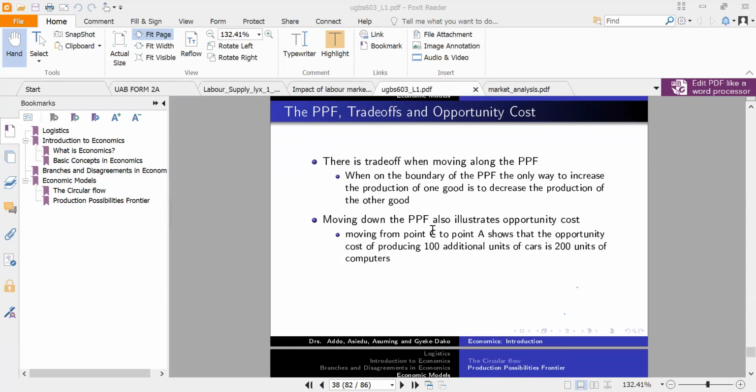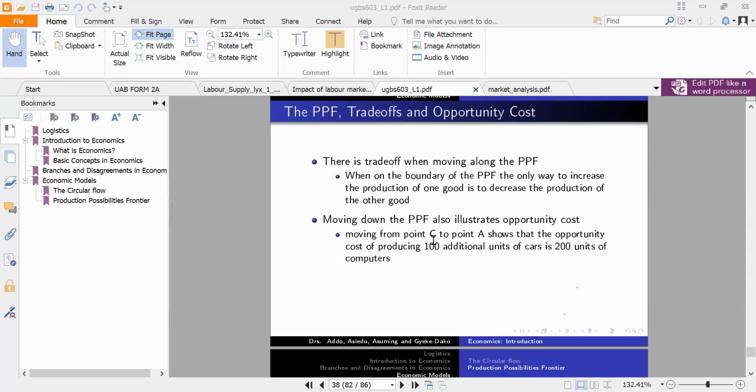Moving along the PPF also illustrates the opportunity cost. If you are producing more computers, then you are foregoing the income that you would have earned from cars. So if a country decides, let me produce cocoa instead of cars, then we are foregoing the income that we would have earned from cars.